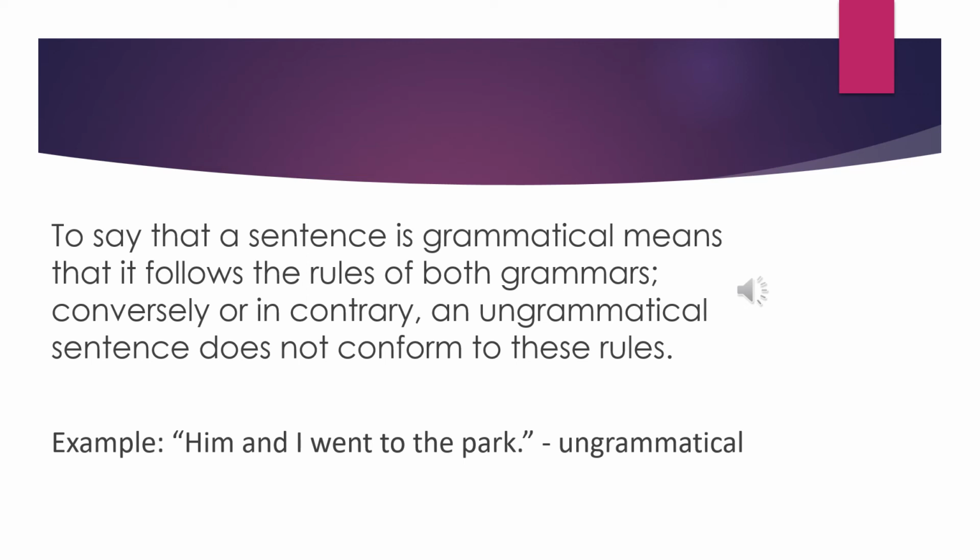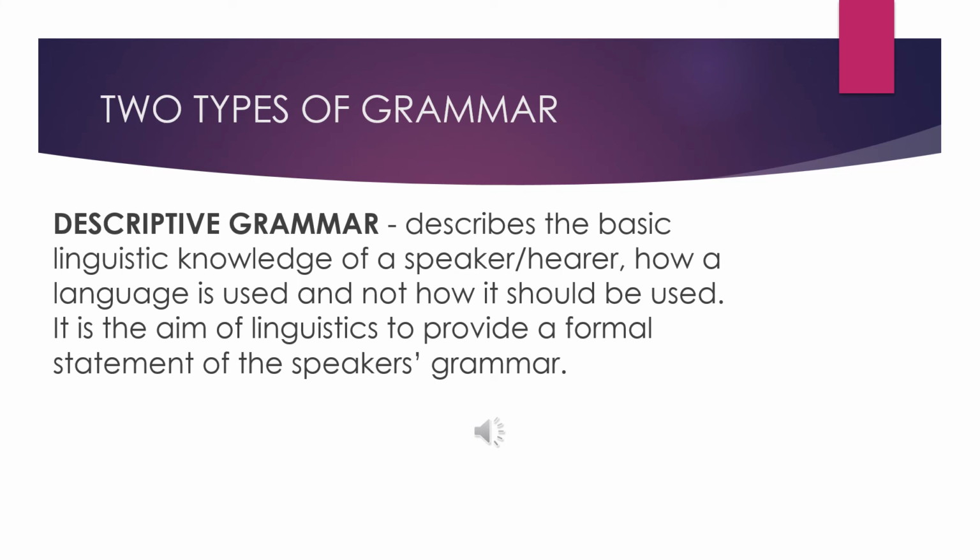Okay, so next we are going to talk about the two types of grammar. We have the descriptive grammar and also the prescriptive grammar. Let's talk first about what is descriptive grammar. It describes the basic linguistic knowledge of a speaker or hearer, how a language is used and not how it should be used.